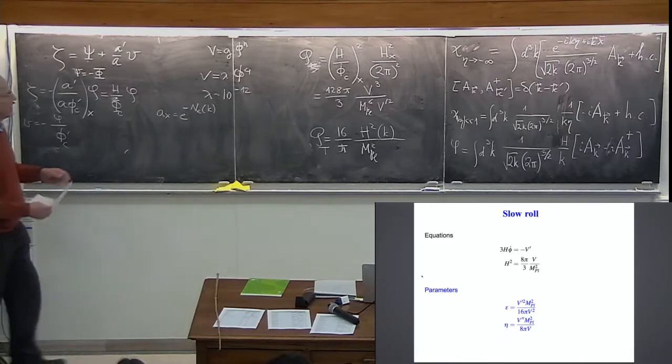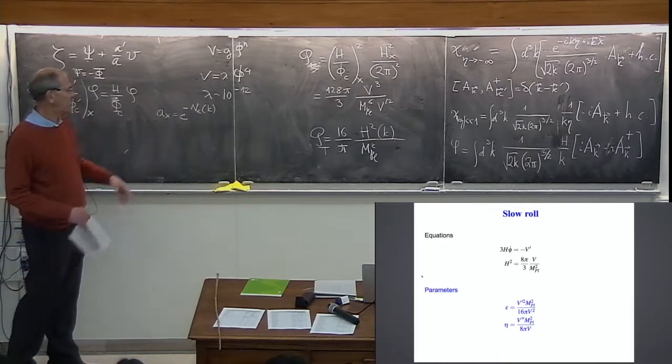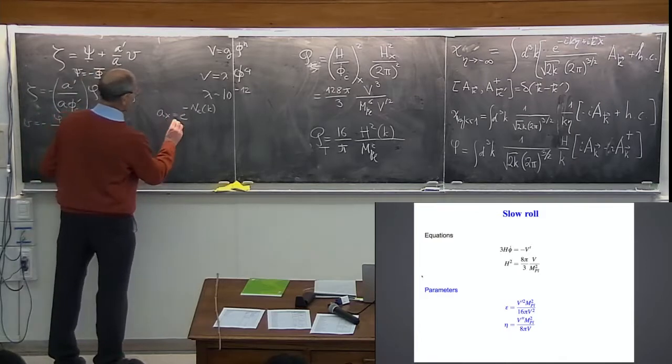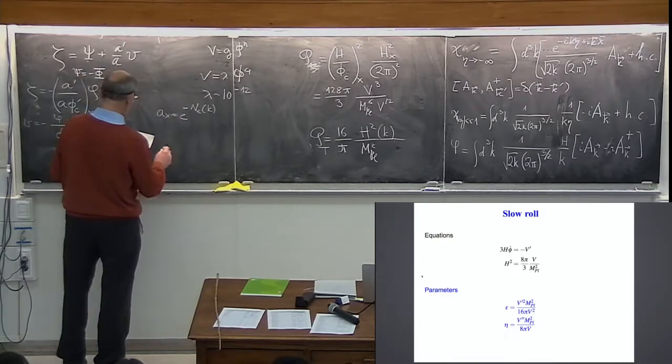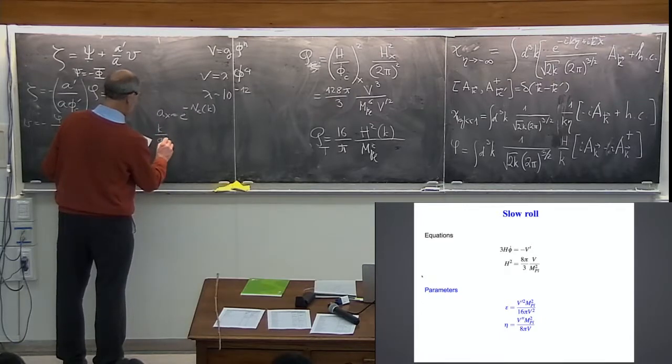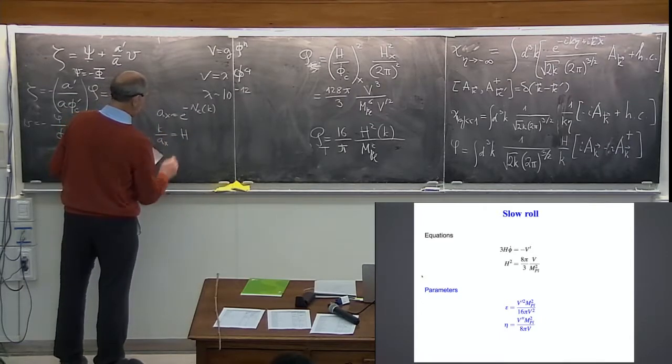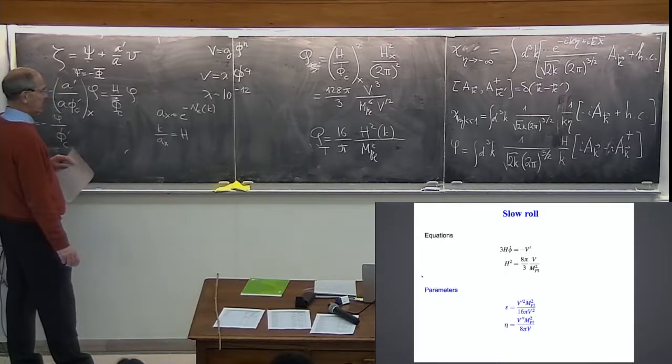So this is the number of e-foldings before the end of inflation. On the other hand, I would like to have k over a crossing equal to the inflationary Hubble.